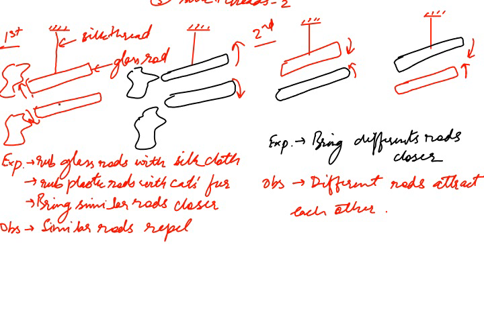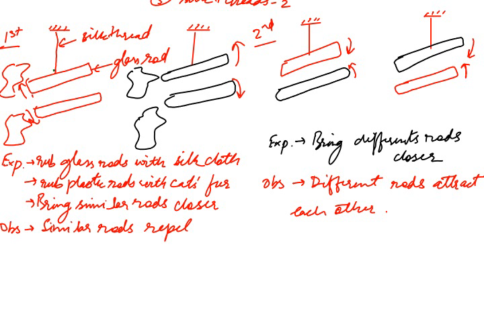And let me name it: they got charged. Let's say on rubbing they got charged. We still don't know what charging is, but we are just giving it a name. If both are charged in the same way, let's say I mark charge as green.